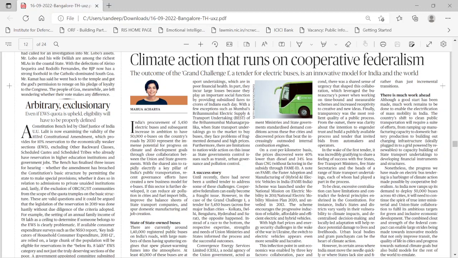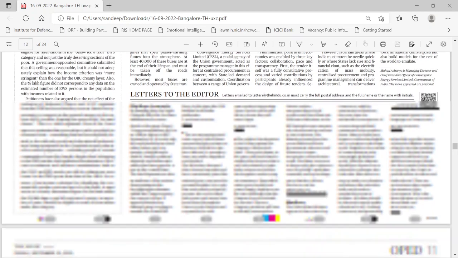But the point is, if it is coal run, it's fine; if it is natural gas run, it will still be a problem. But the article is not talking much about this. She argues that there are 1,40,000 registered public buses in India, and most of them must be replaced with electric buses.